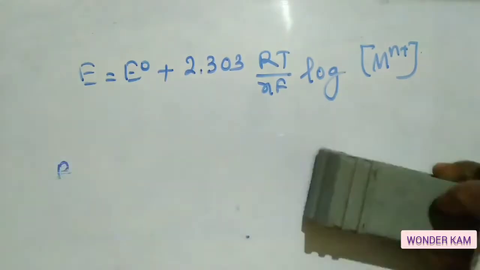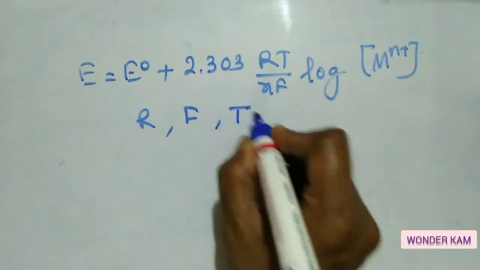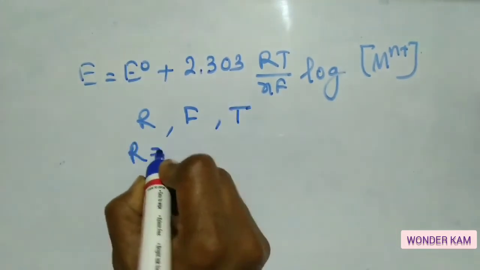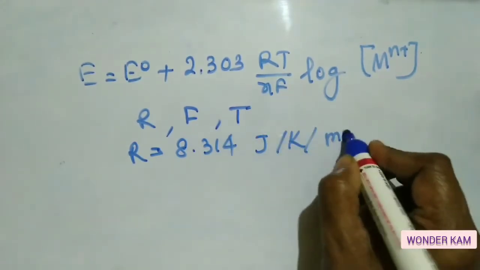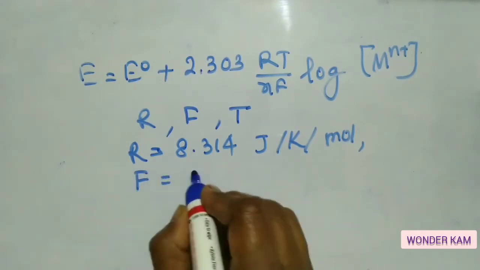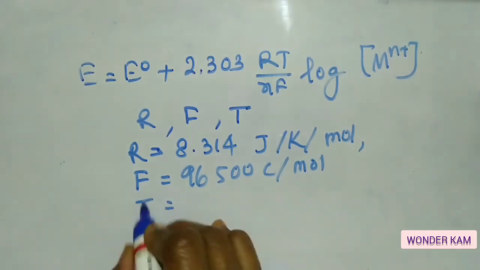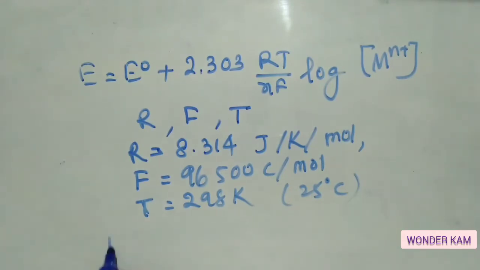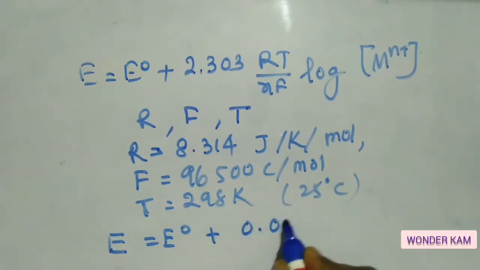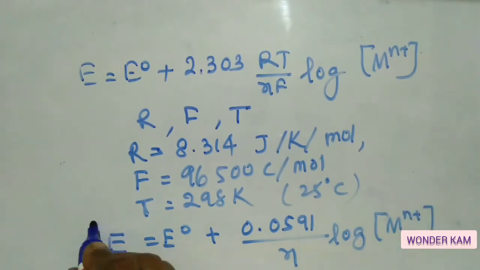Now putting the values of R, F and T: R is equal to 8.314 joule per Kelvin per mole, F is equal to 96,500 coulomb per mole, and T we will take as 298 Kelvin, that is 25 degrees centigrade. Then we have E = E° + 0.0591/n log [M^n+].